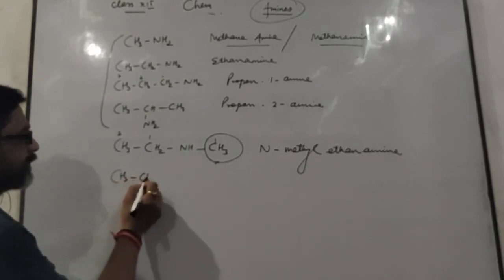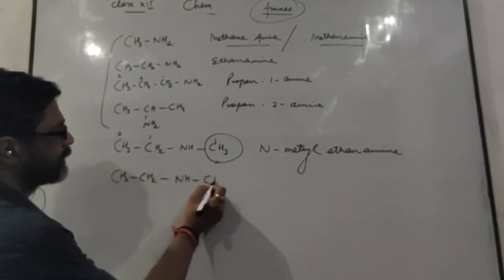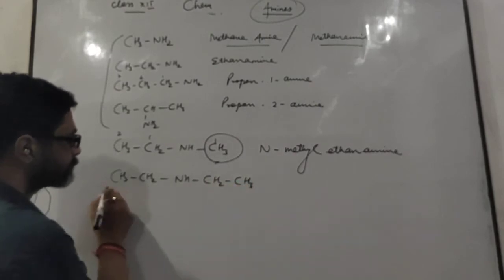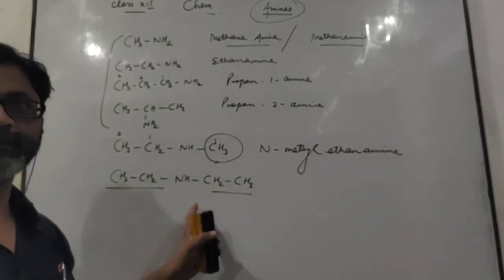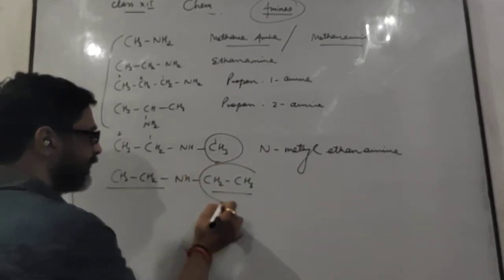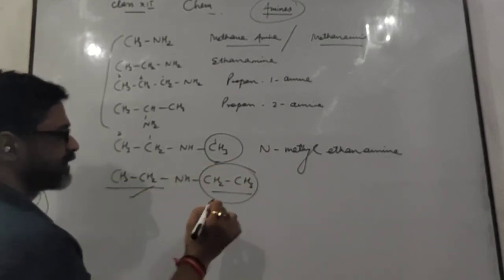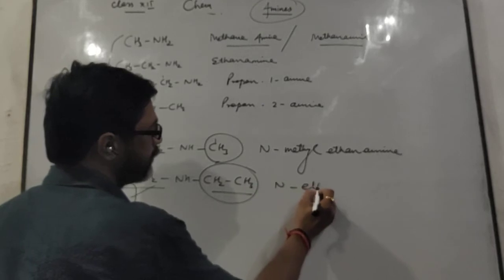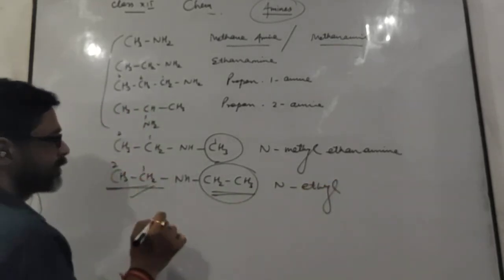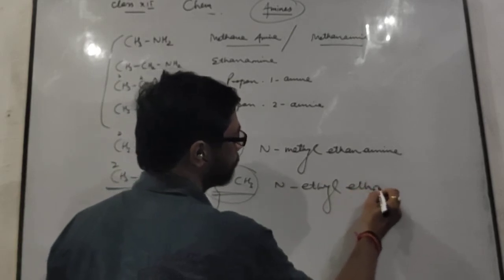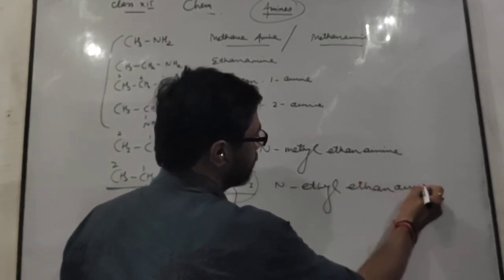Okay. Take one more example of secondary amine like this. Here both sides contain same number of carbon atoms, hence any of the side is taken as side chain, means N, and this complete figure is ethyl, and here for 2 carbon atoms you write ethane amine.